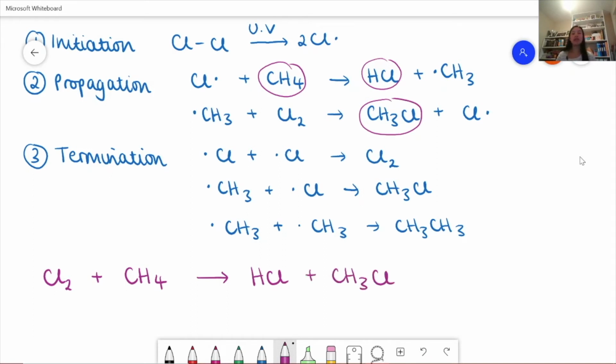And that's because if you have a look at this free radical, we've formed it in the first equation, but we've used it up in the second equation. So this is what we would call an intermediate. So it's not included in the actual reaction.